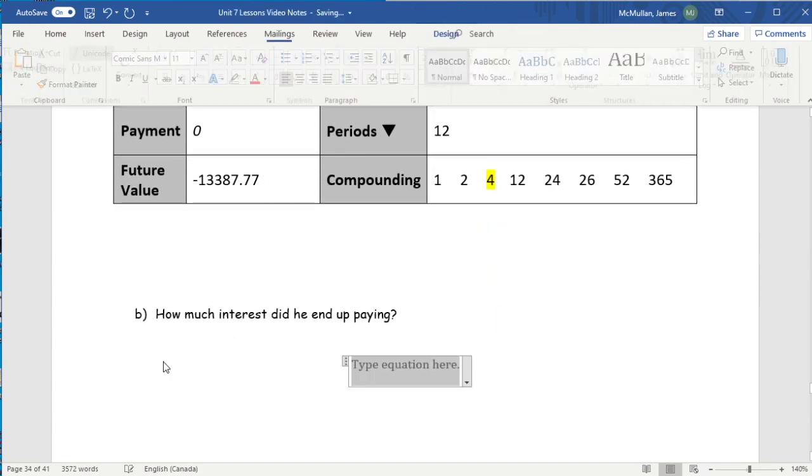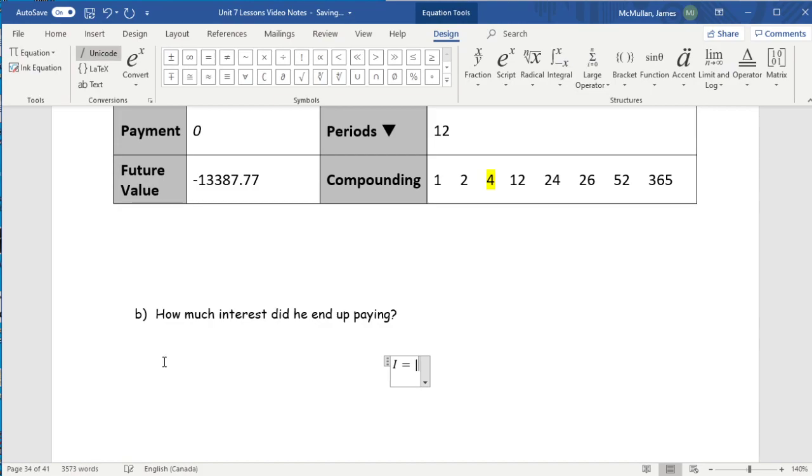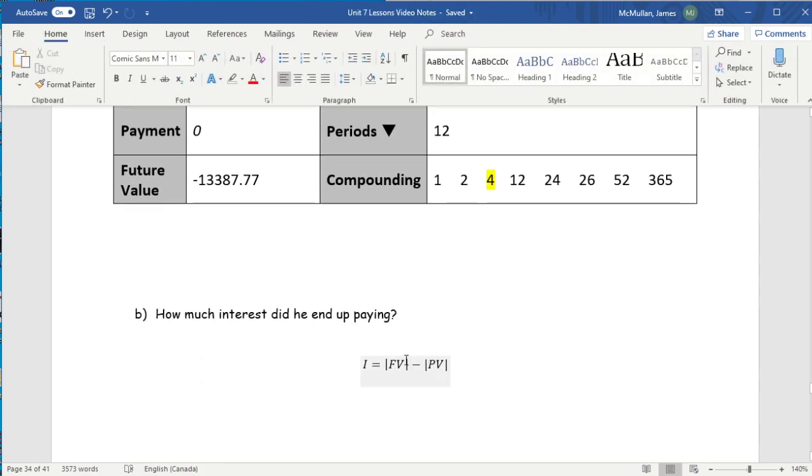How much interest did he end up paying? So interest, easy formula. Absolute value of future value minus absolute value of present value, right? And actually, let's add plus N times PMT, where PMT is the payment.